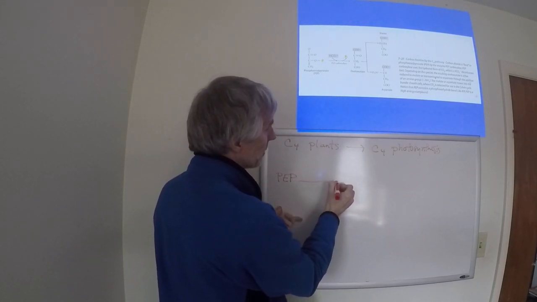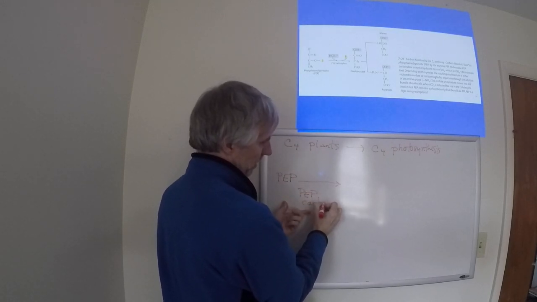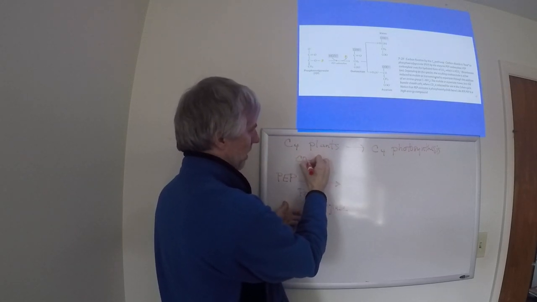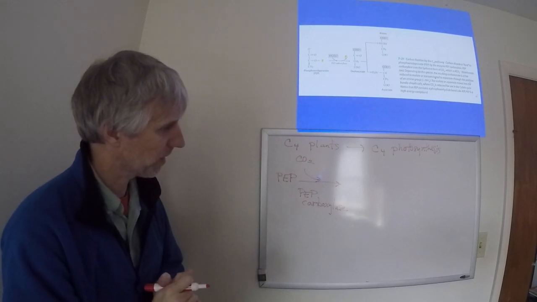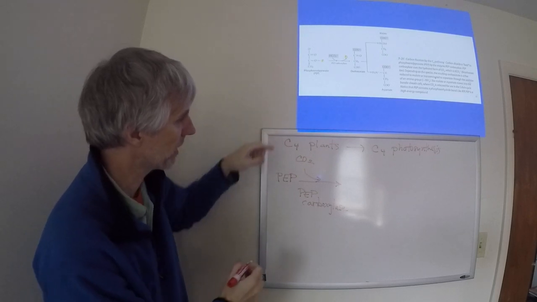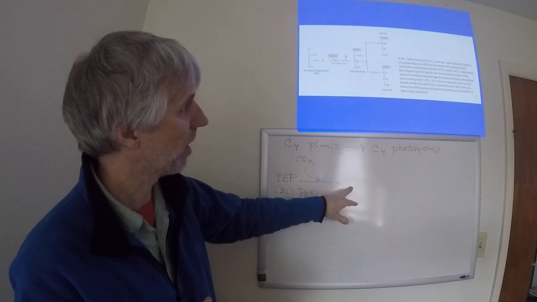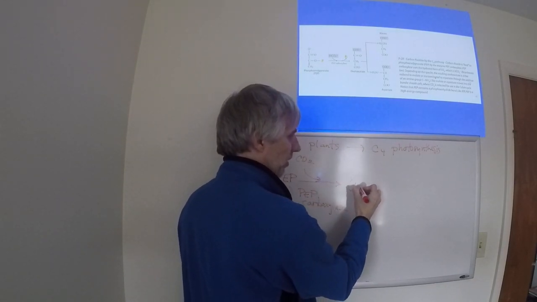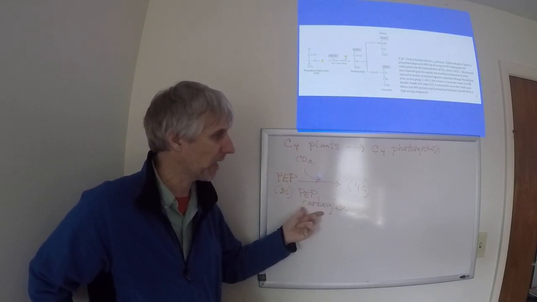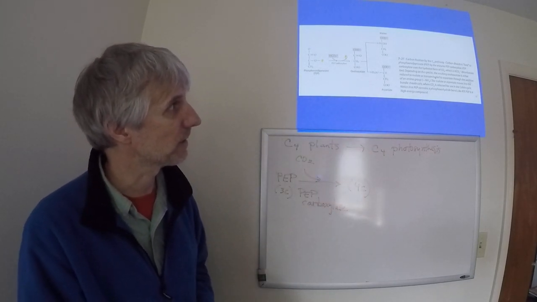And what we're going to do is, using an enzyme called PEP carboxylase, we're going to fix a carbon onto PEP. Now PEP has 1, 2, 3 carbons. CO2 has 1 carbon, and that means that the molecule that we're going to manufacture through this carbon fixation reaction is in fact a 4-carbon molecule called oxaloacetate.